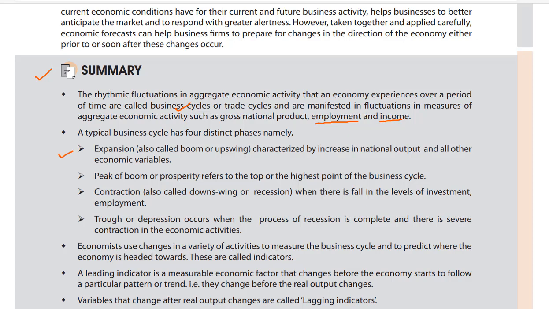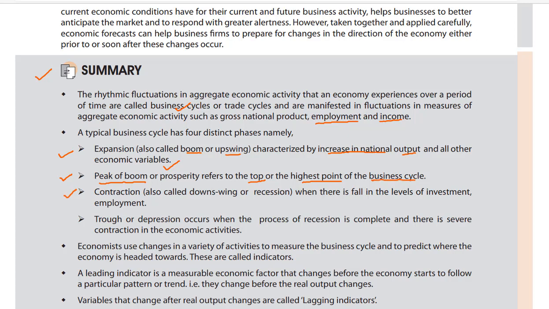First phase is expansion phase, also called boom or upswing, characterized by increase in national output and all other economic variables. Second, peak of boom or prosperity refers to the top or the highest point of the business cycle.